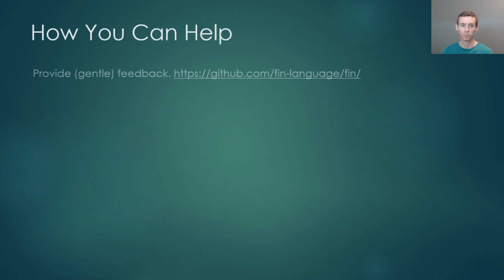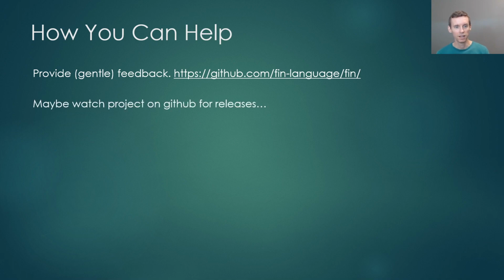If you're interested in helping, provide some gentle feedback. The internet's a wild place. I'm a person. I'm trying hard to do something good for the community. Please give constructive feedback. It can be negative, but just be cool. We don't have anything there right now other than a ticket to gather interest and feedback.